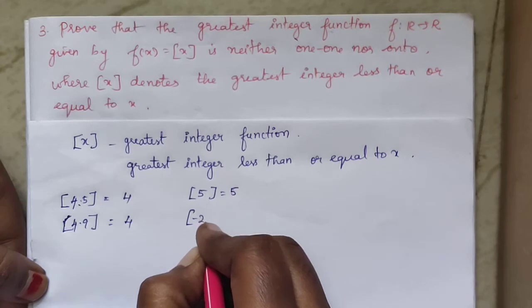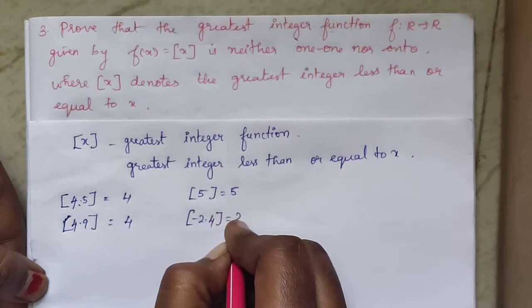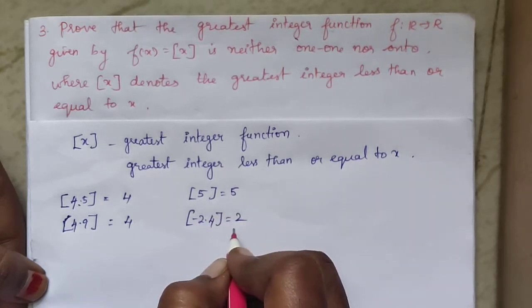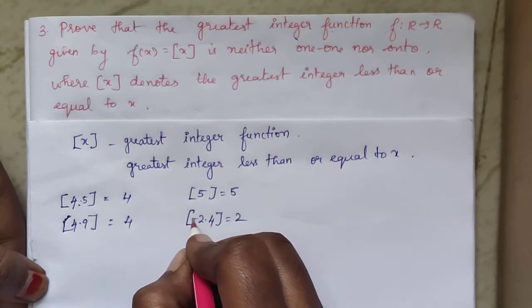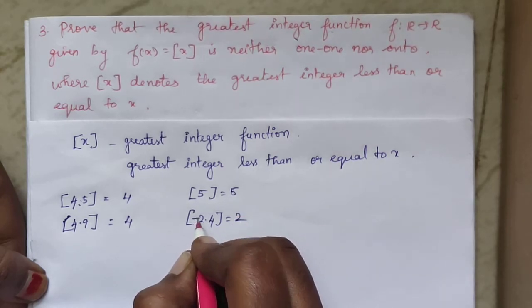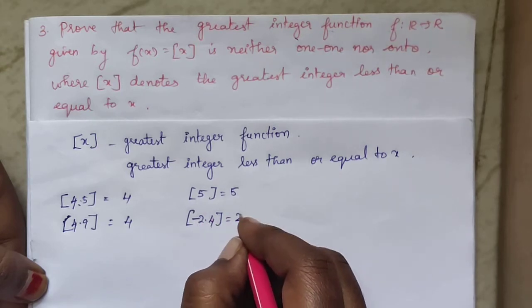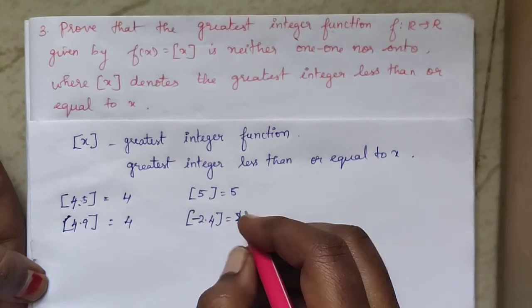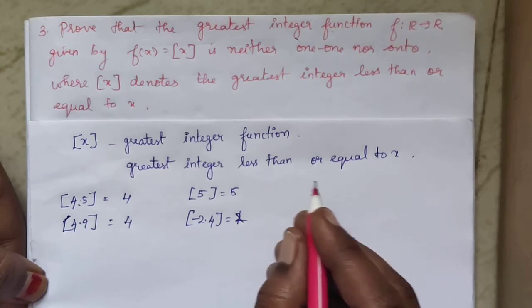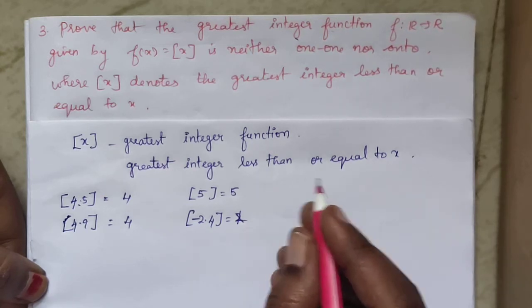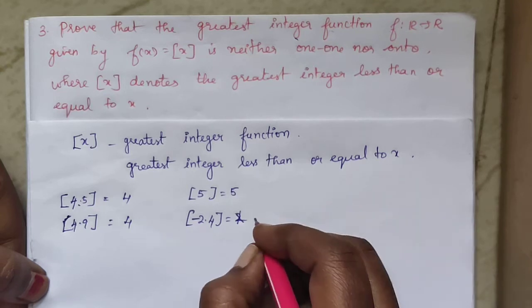Now let us take negative numbers. Here it is a negative number, so see here, in negative, compare -2 and -3. Which is the lesser number? -3 is the lesser number.